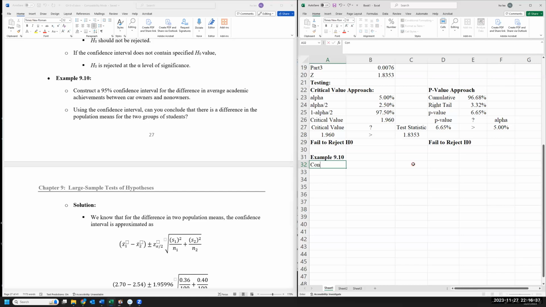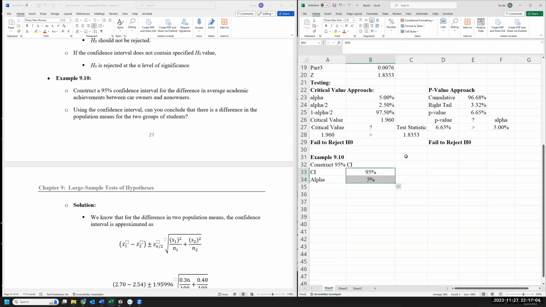It says construct a 95% confidence interval. So our confidence interval is 95%, and that would mean our alpha is equal to 1 minus 95%. That's our comfort level of error.